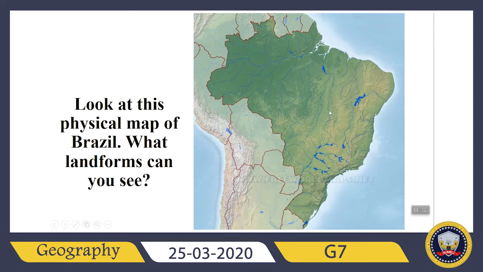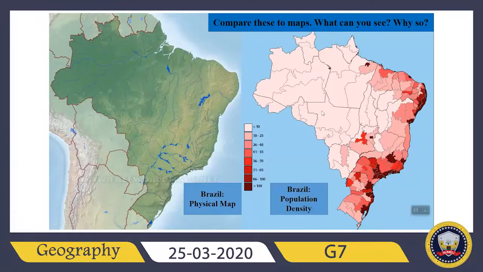Okay, now I will offer you these two maps, the same physical map that you had a look at just a minute ago, and another, the population density map here. And if you remember how to read the population density map, you can easily notice a very interesting thing. Which parts of Brazil are more densely populated?